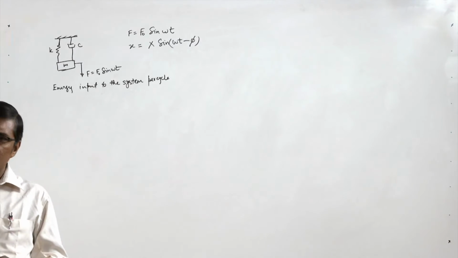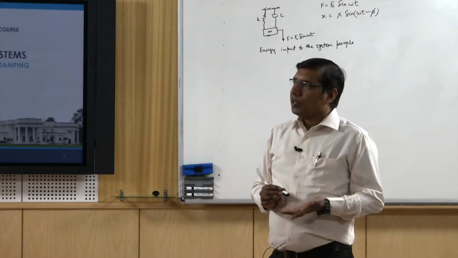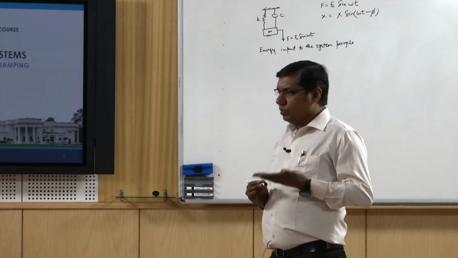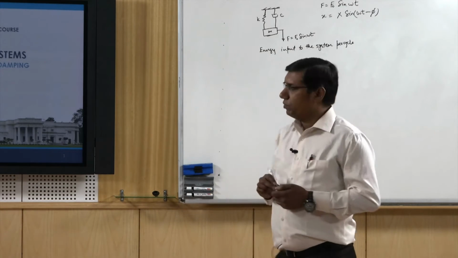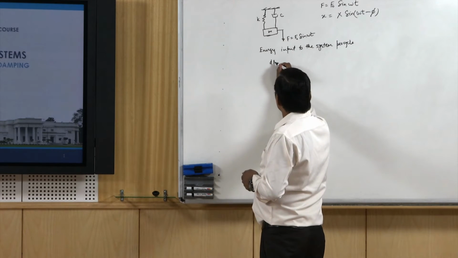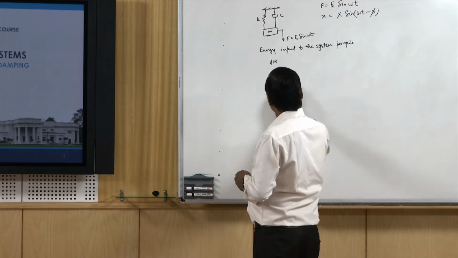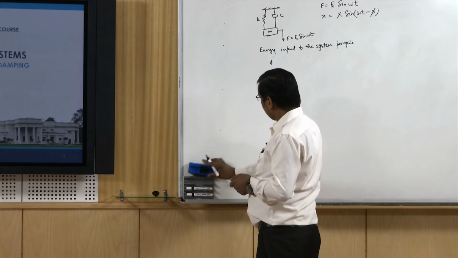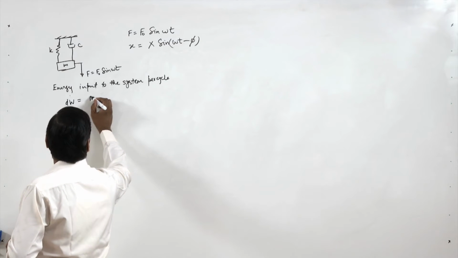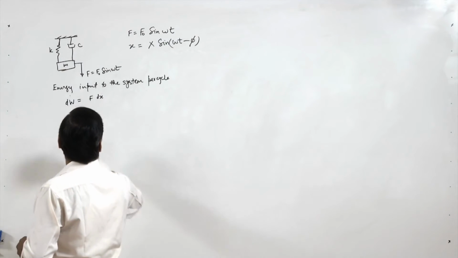Energy is nothing but the work that this force will do to move a certain displacement of this system. So let's say the elementary energy dW equal to F into dx.